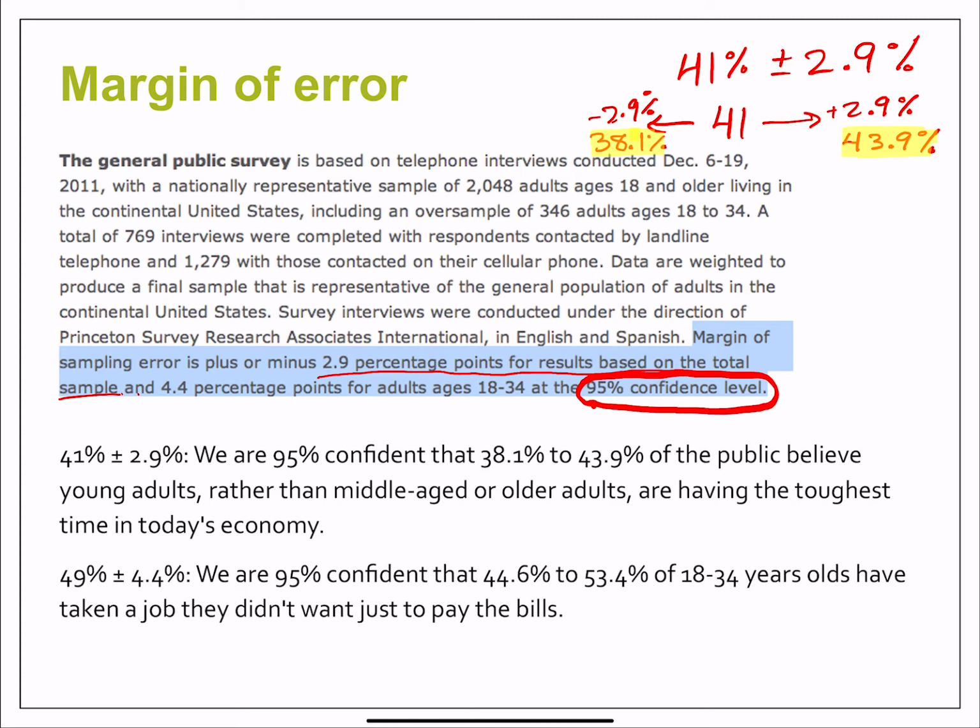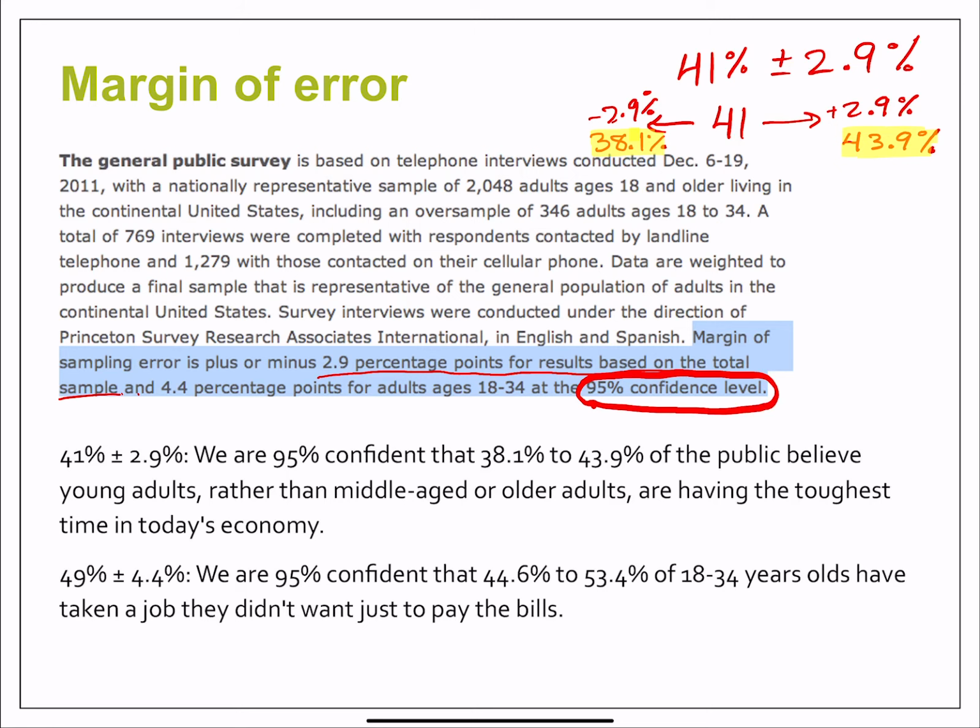And I only looked at one example, one of the 2 breakdowns they gave us, where they said the margin of error was 2.9 percentage points. That's the plus or minus 2.9, right? The margin of error tells us either we go up by 2.9 or down by 2.9.